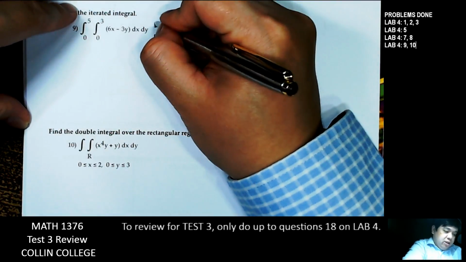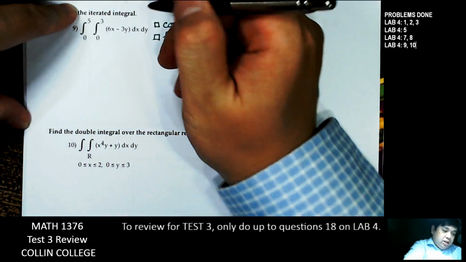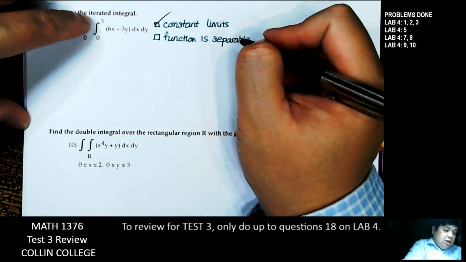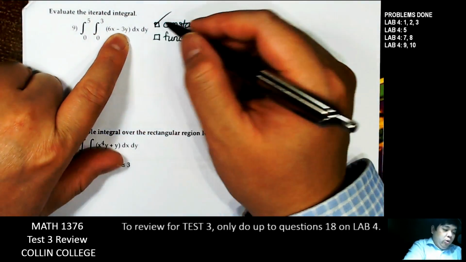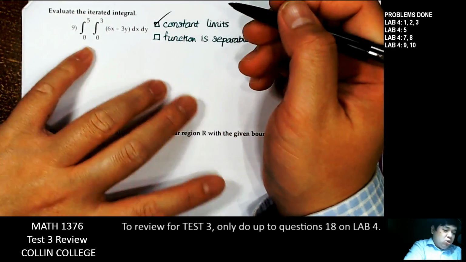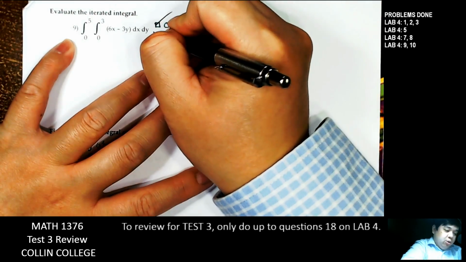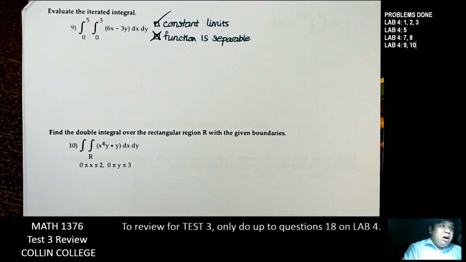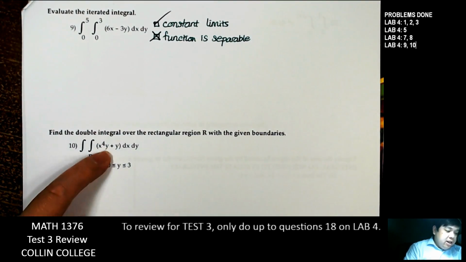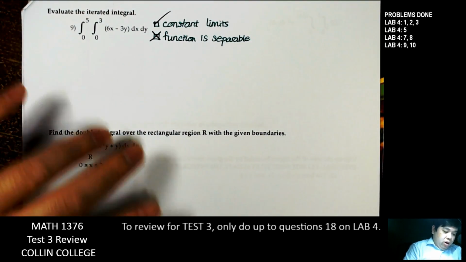The constant limit is easily checked. This function is not separable, where we have x plus y or x minus y, something like that. It's not going to work, meaning we have to do that by hand. This, however, we might work around.